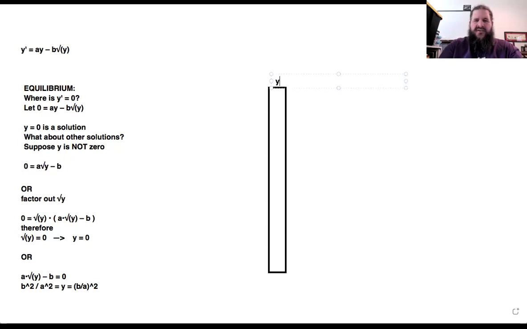So if you think of this as just like the y-axis, a stylized view of just the y-axis, or any single column of the direction field, we know we've got something important going on at y equals 0 and y equals b over a. So I'm going to mark those. y equals 0, y equals b over a. And this is kind of arbitrary. I'm just drawing in some lines to call 0 and b over a.